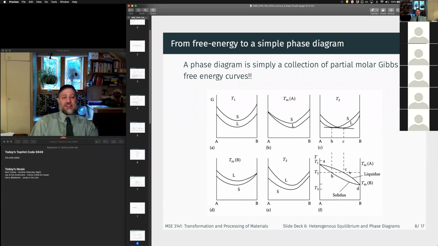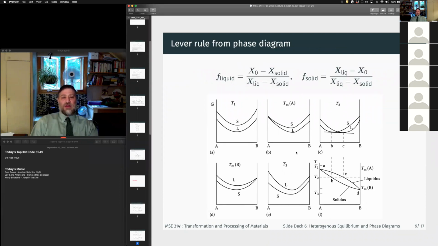So it's really easy to do for a simple one, right? And then of course we can apply the lever rule here as well, right? Because these points are just the same as our common tangents, we have a lever rule in this space. Obviously, we have a lever rule on this line.